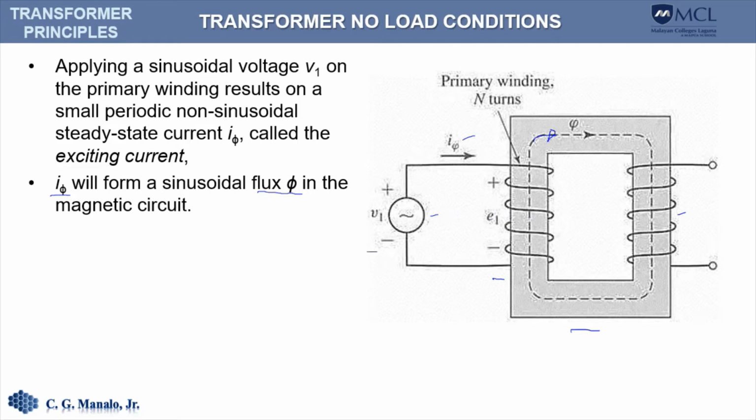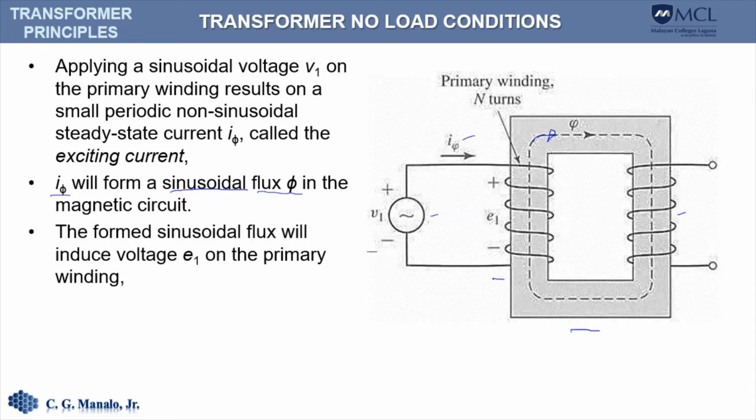And what is interesting here is that the flux will actually be sinusoidal, and I will explain later again why it will be sinusoidal. This flux will link both the primary winding and the secondary winding.